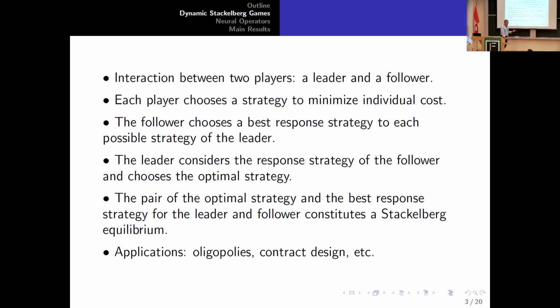So they can play a game. For example, they can play the Bertrand game, competing by setting prices. But that is not usually true for the oil market. In the oil market, they usually play the Cournot game, choosing the quantity of production so as to optimize their individual objectives. Another type is contract design, that is, the principal-agent problem.